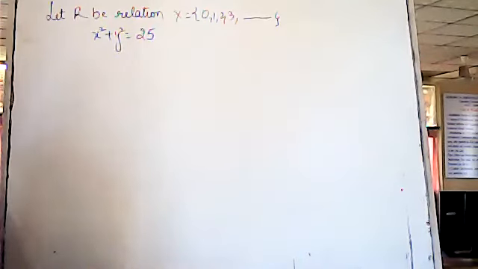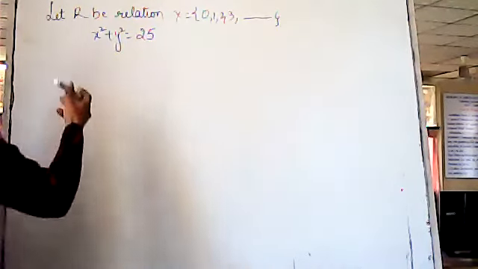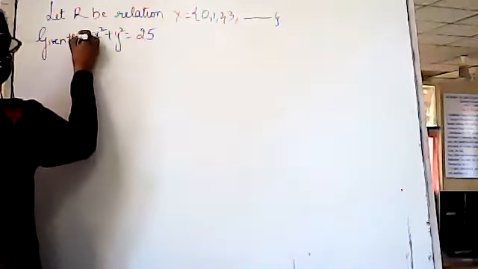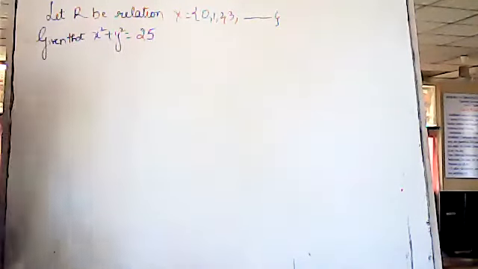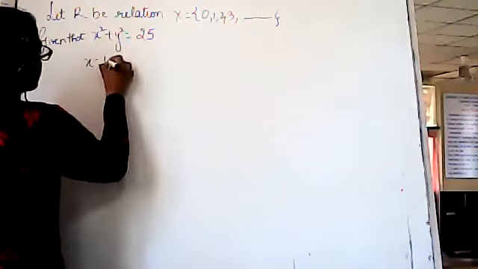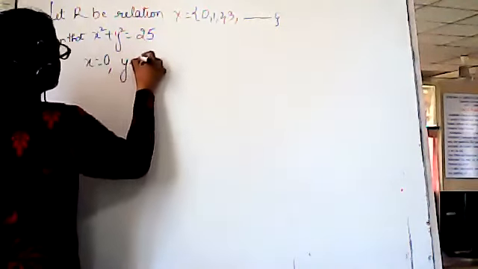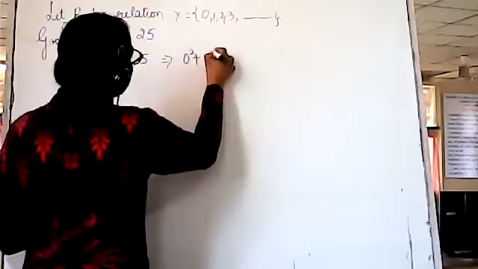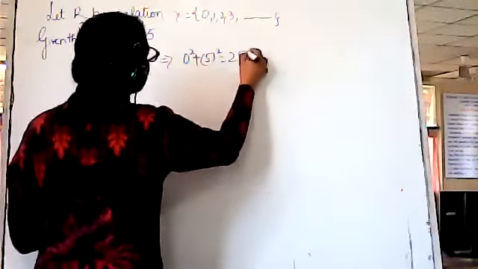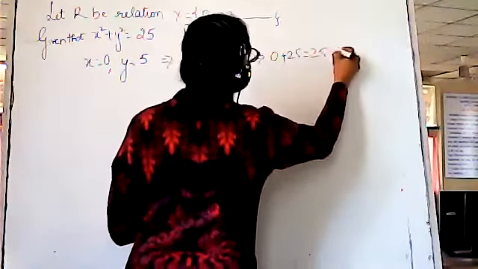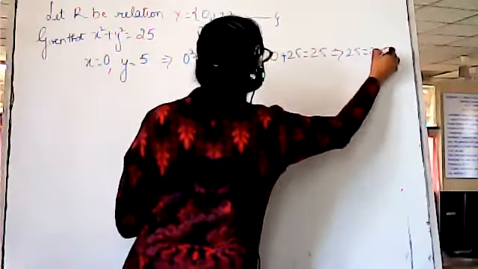Given that x square plus y square is equals to 25. Okay. So we will start with the element 0. When x is equals to 0, put x equals to 0 and y equals to 5. We get 0 square plus 5 square is equals to 25, implies that 0 plus 25 equals to 25, implies that 25 equals to 25.